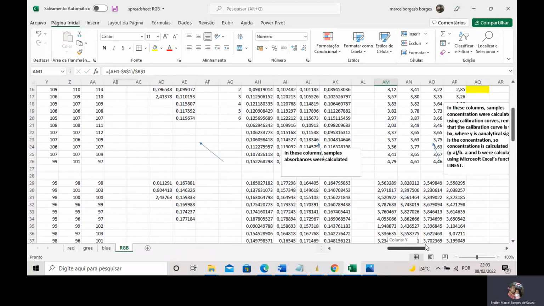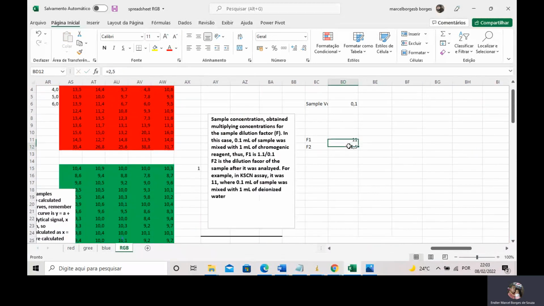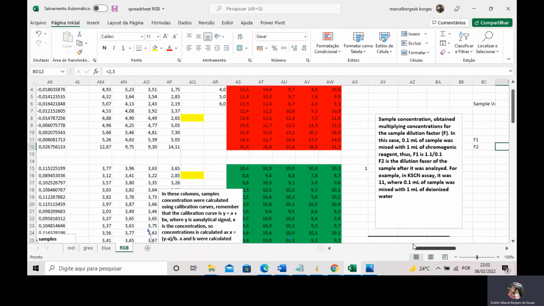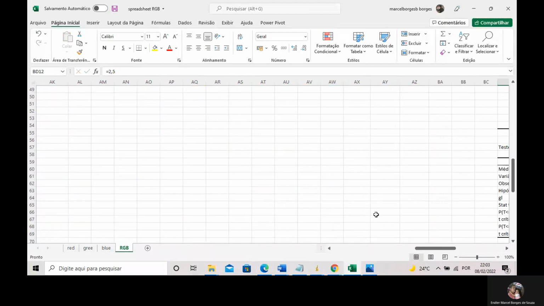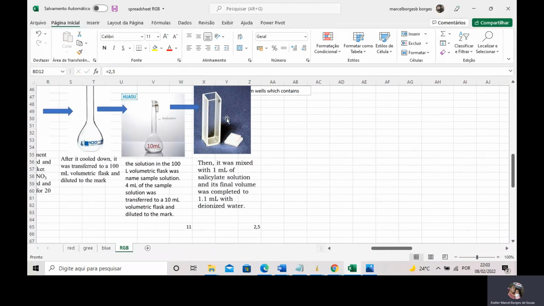In here, I have placed the dilution factors. In this case, the dilution factors were 11 and 10. It was 11 because I have diluted 11 times this solution when I reacted with my chromogenic reactant.